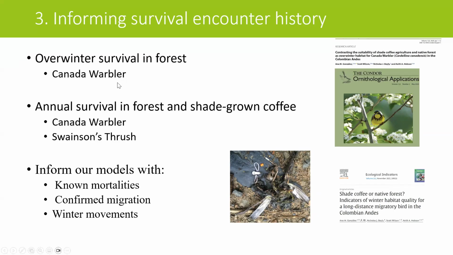We have used Motus, for example, to improve the estimates of the overwinter survival in forest for the Canada warbler, and also to gather data about the annual survival in forest and shade-grown coffee for Canada warbler and the Swainson's thrush.